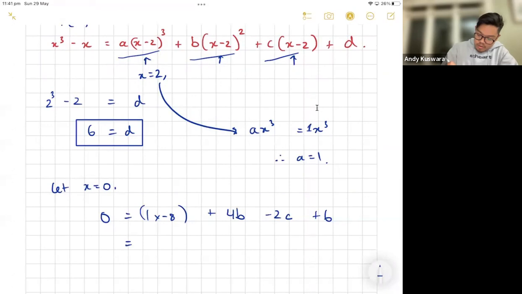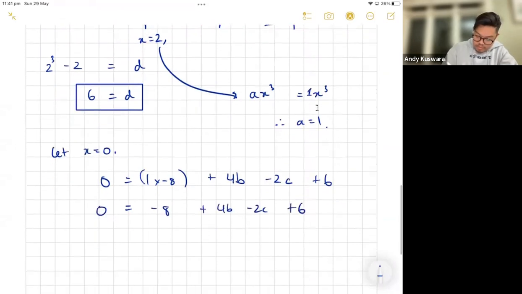And we know that, I guess from there, what did I do wrong here? Oh no, that's fine. So it's going to be minus 8 plus 4b minus 2c plus 6 equals 0.